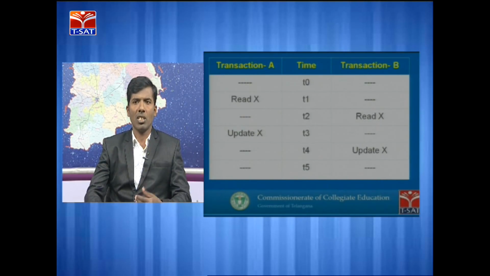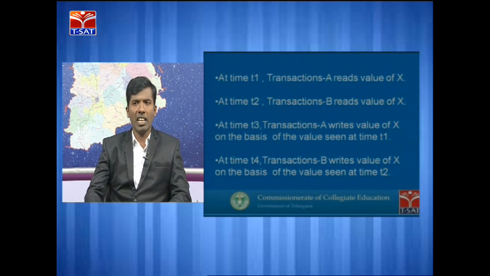Now if you observe this image, at time T1, transaction A reads the value of X. At time T2, transaction B reads the value of X. At time T3, the value of X is updated by transaction A. At time T4, transaction B tries to update the value of X.